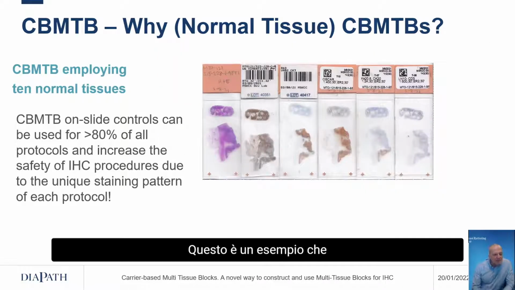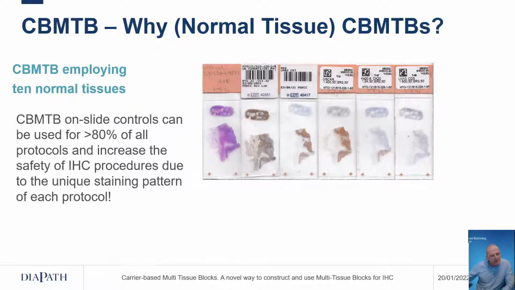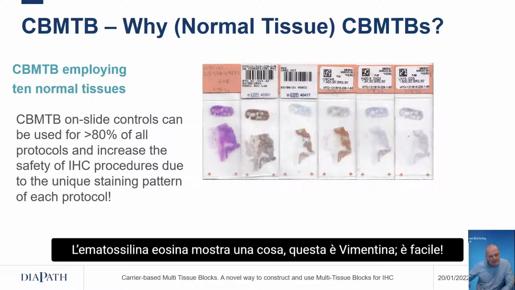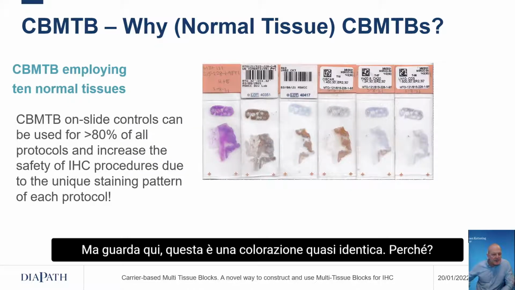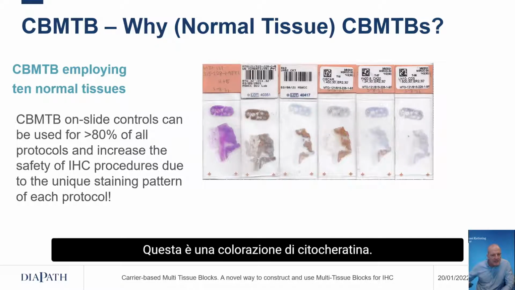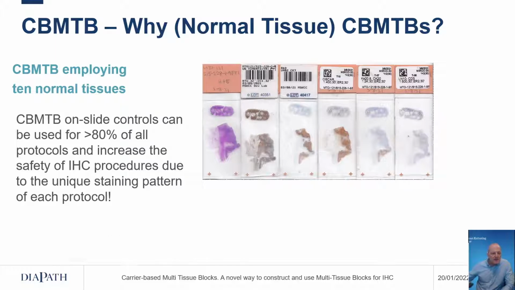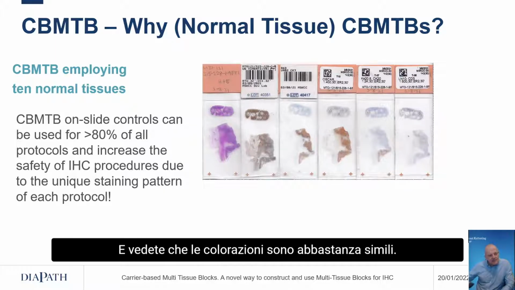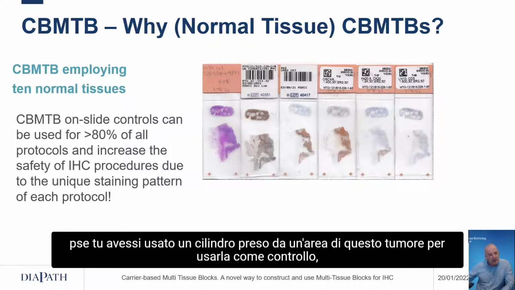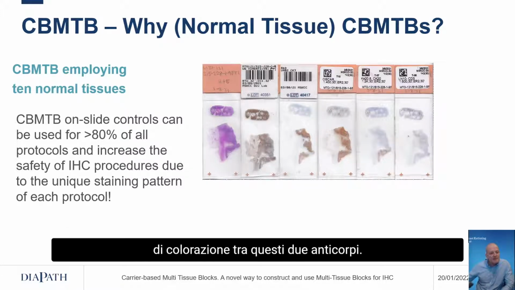This is an example that again highlights this ability. The H&E shows you one thing, vimentin, that's easy. But look here, this is pretty much identical. Why? This is a cytokeratin staining. This is, I think, a metastatic tumor. This is a pan-cytokeratin staining with an antibody called OSCAR, and you see that the staining is pretty much similar. So just by looking at the tumor tissue, or if you would punch out a tumor area and use it as a control, you would not be able to see the difference between these two assays.